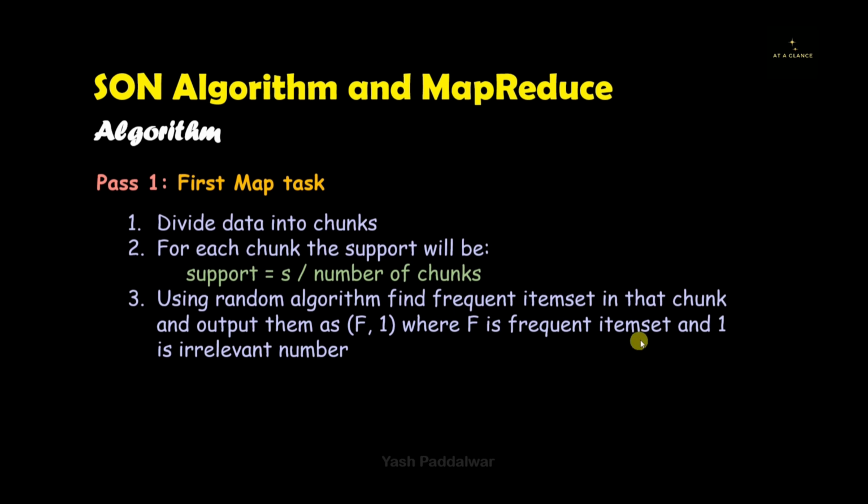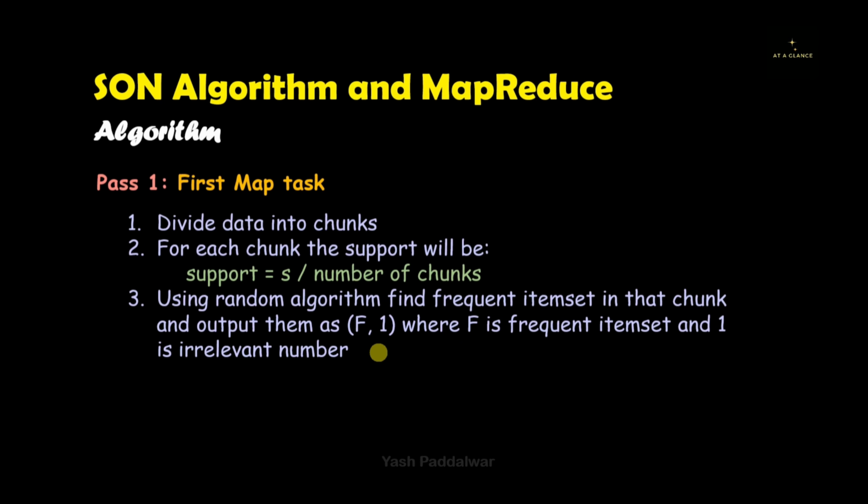If you remember, a map task always gives us key-value pairs. Here we have something to write in the key, that is the frequent item set. But we don't have anything to write in the value, hence it will be filled with 1. This is an irrelevant number. So I hope the first map task output is clear to you all.